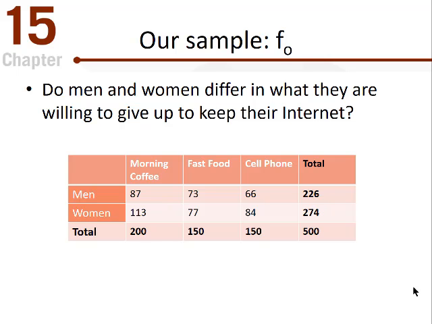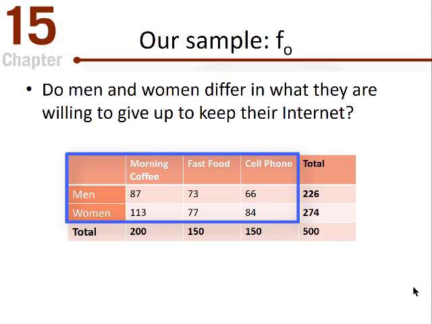So we find in our sample of 500 that we have 87 men who said they are willing to give up their morning coffee. 73 men said they're willing to give up fast food, and 63 of the men said they're willing to give up their cell phone. 113 women said they're willing to give up their morning coffee, 77 said fast food, and 84 said cell phone. So this would be our raw data.